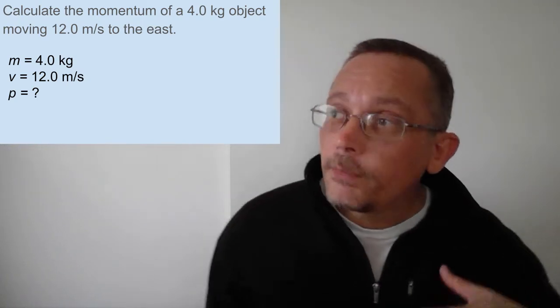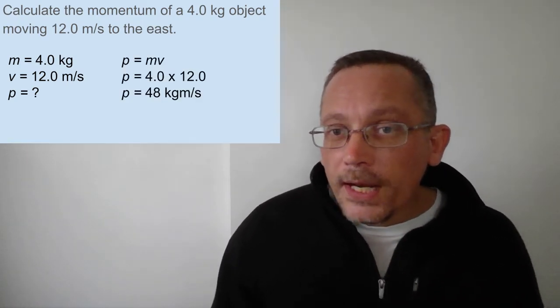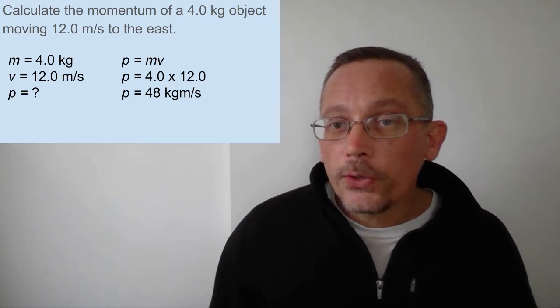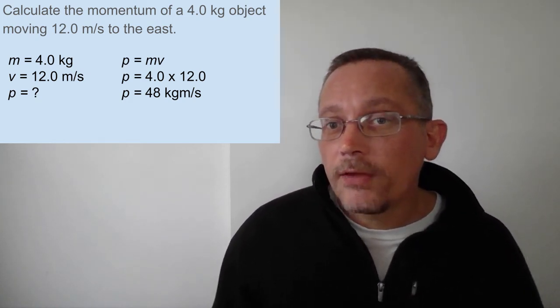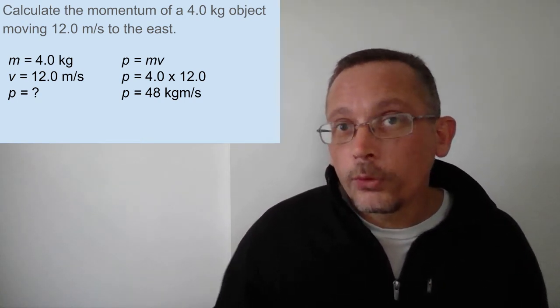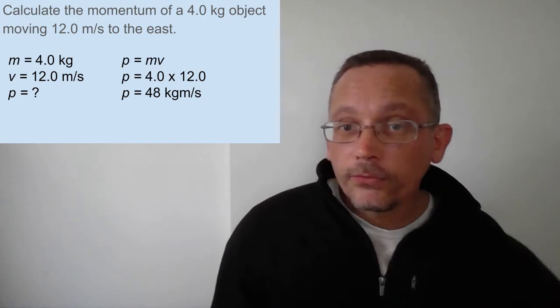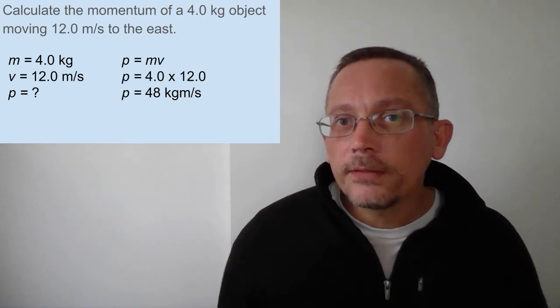Then I'm going to use the equation we just talked about, p equals mv, and put the numbers in there. So m is 4.0 and v is 12.0, so p equals 4.0 times 12.0. Multiplying that, 4 times 12 is 48.